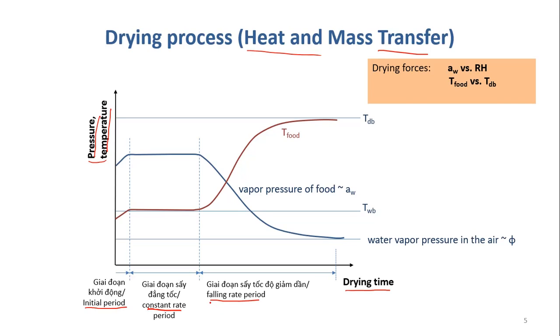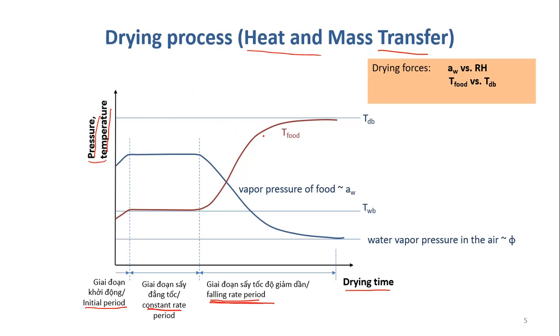During the falling rate period, the amount of water evaporated from the food becomes lower and lower after the same period of time, because during this period the water becomes more and more bound to the food, so it is not evaporated easily. It takes more time for the evaporation to occur.